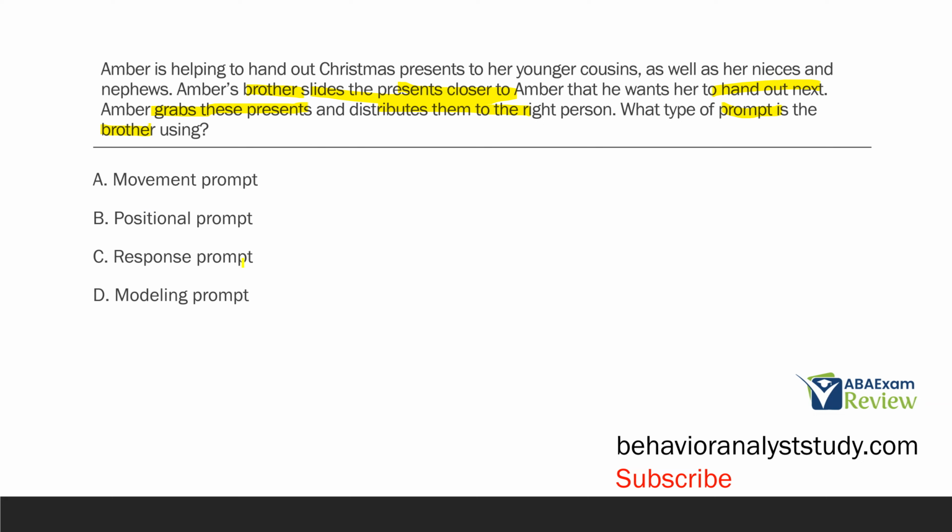It's not a response prompt because we're altering the antecedent stimulus, not necessarily acting directly on the response. And it isn't modeling because he's not modeling which present he wants. He's actually manipulating the stimulus, which is the present, in order to evoke the response he wants to see. So the prompt the brother is using would be B, positional prompt.